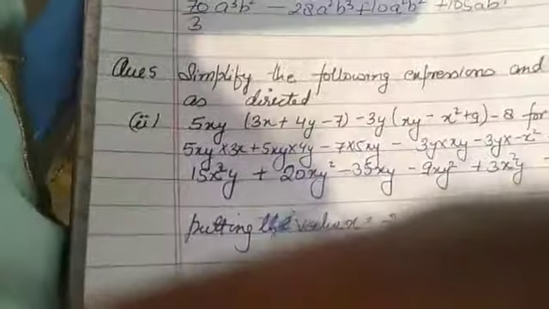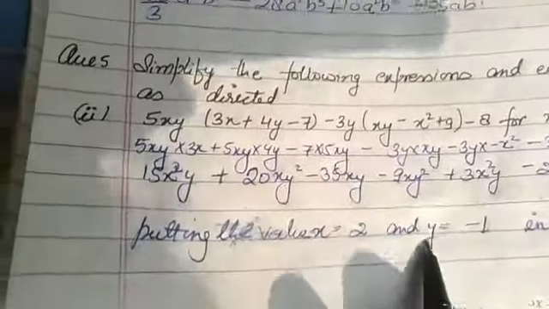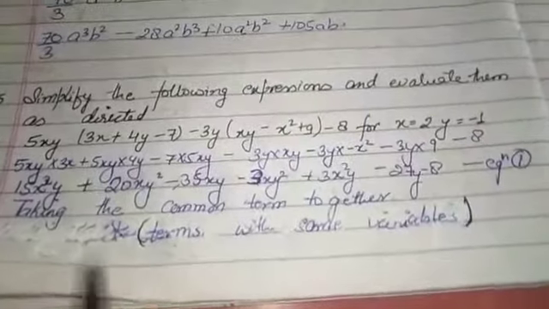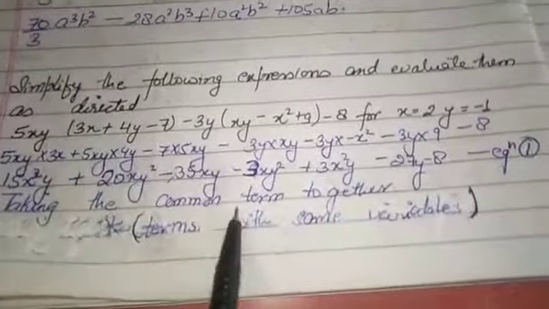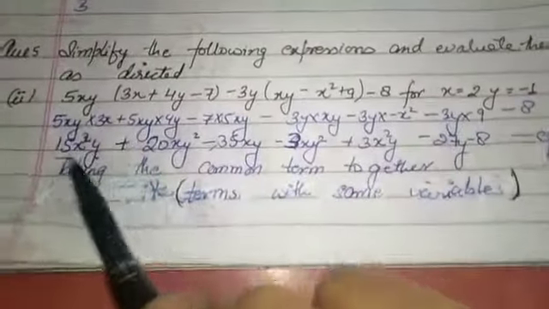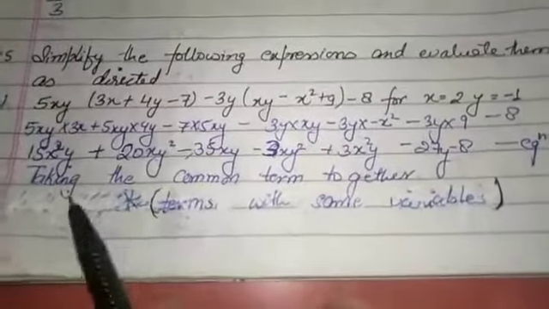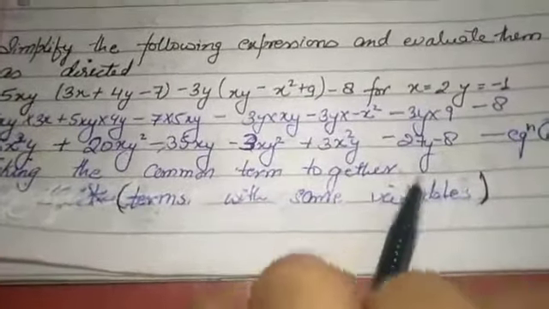In this step, wherever I have x, I will put 2, and wherever I have y, I will put minus 1. In this question you can use two methods, either by putting the values of x and y directly, or another method is to take the common variables, taking the common terms together.